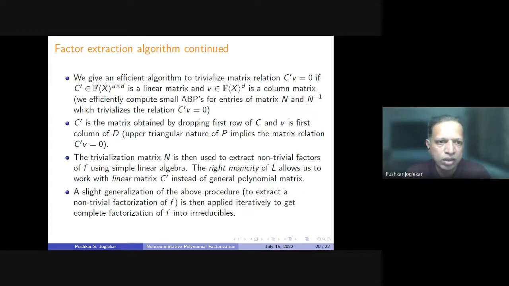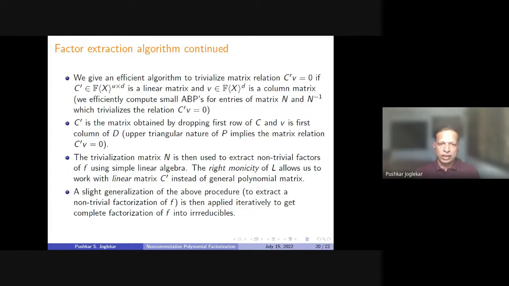And by efficient algorithm, we mean we efficiently compute small ABPs for entries of N and N inverse. Suppose C prime is the matrix obtained by dropping the first row of capital C, and V is the first column of capital D. Then due to the upper triangular nature of P, we get this relation C prime V equal to 0.